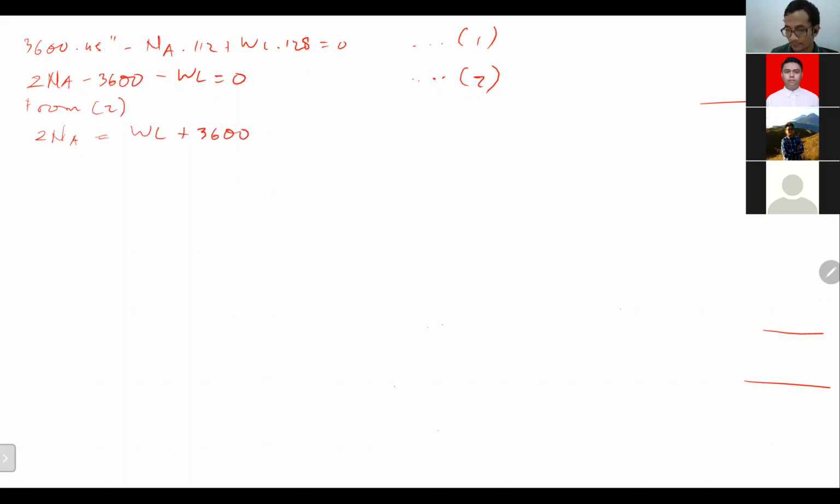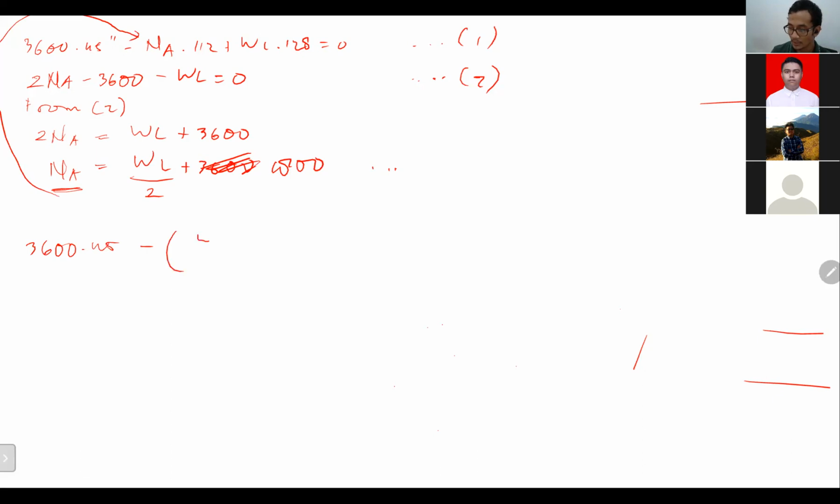So NA will be WL plus 3600 divided by 2, which is WL per 2 plus 1800. Then I can substitute this back into the first equation. So later I will have 3600 multiplied by 45 minus NA, and in this case I will replace NA with WL per 2 plus 1800.